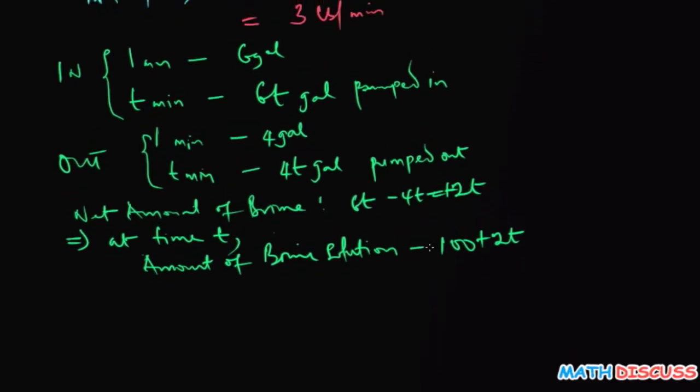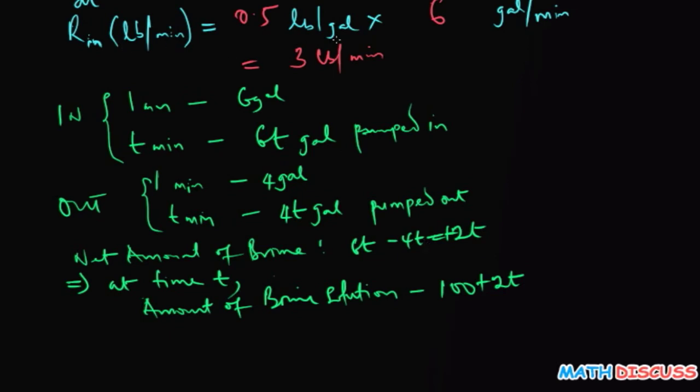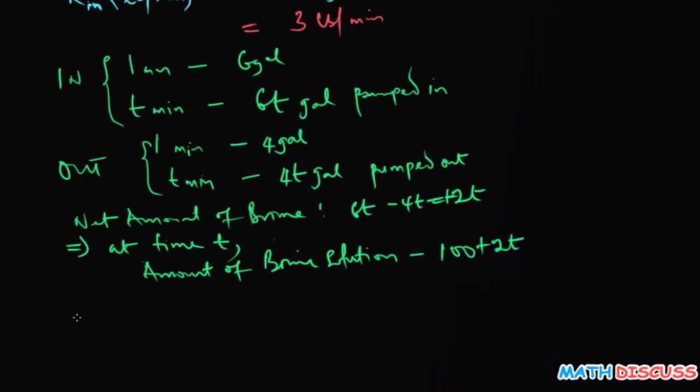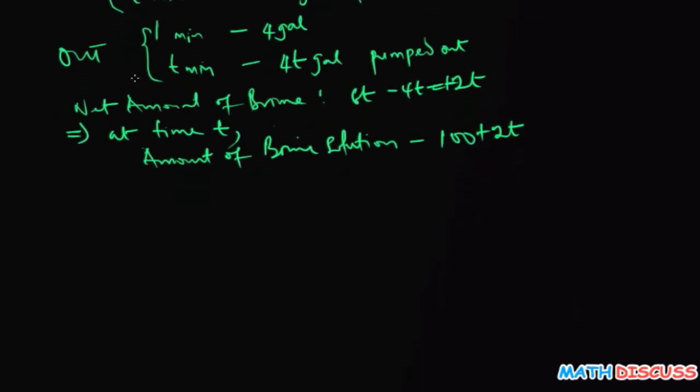So this is for R in. Now to find R out, you have R out, which is also the same unit, lb per minute. I usually like to write it like this so that students do not forget the formula used to find the concentration of that leaving the tank.